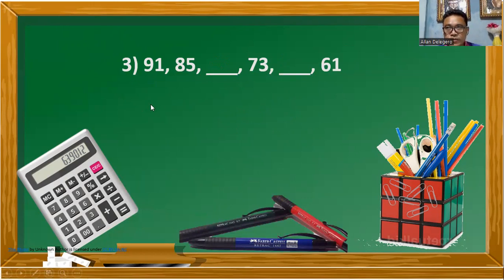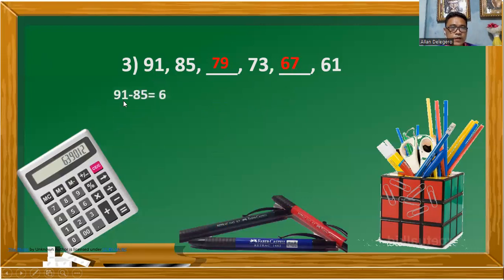So you can use either subtraction or division. To find the missing terms, you need to get the difference of two consecutive terms. Okay, these are the missing terms.